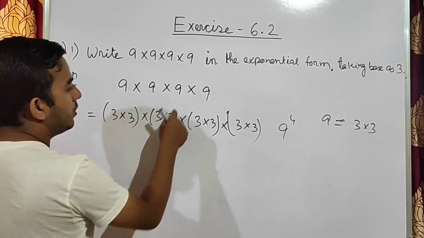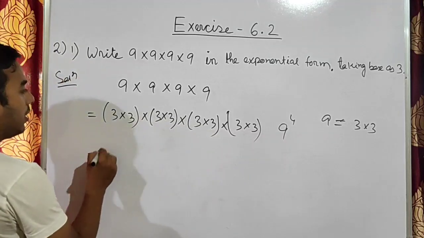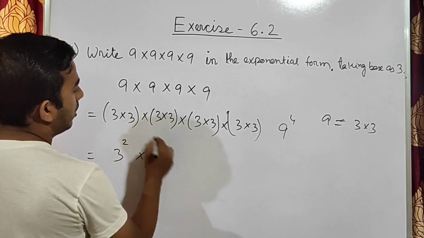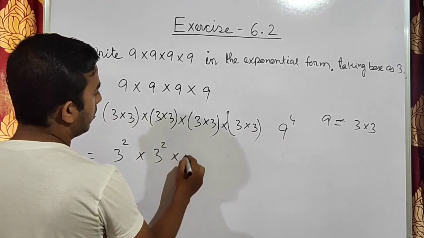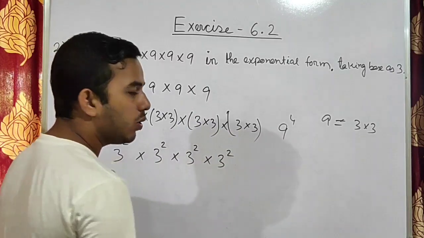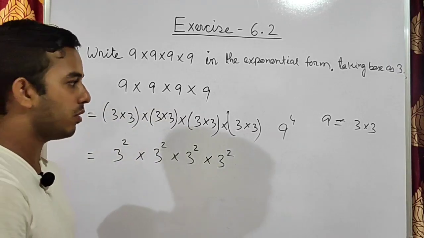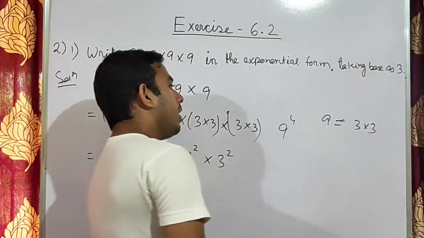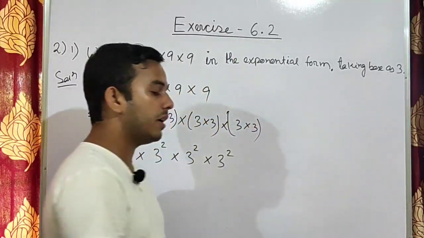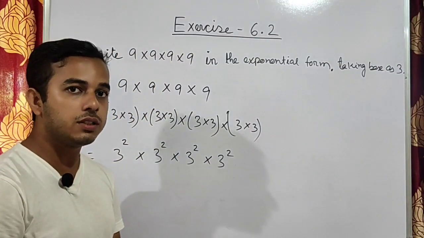This is for this, this is for this, this is for this, this is for that. Clear? Now can we write this 3 into 3 as 3 to the power 2. Here also 3 to the power 2 into 3 to the power 2 into 3 to the power 2. Can we write this? Yes, we can write, because we have to express this in the exponential form. Okay. Now, at the beginning, at the introduction class, I have discussed a few laws of exponents, isn't it?